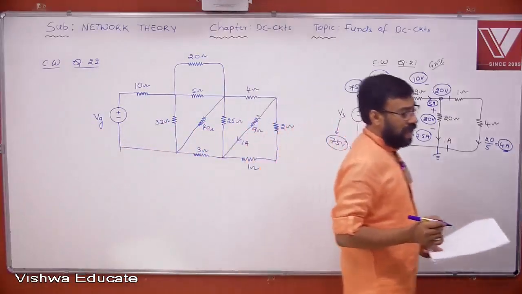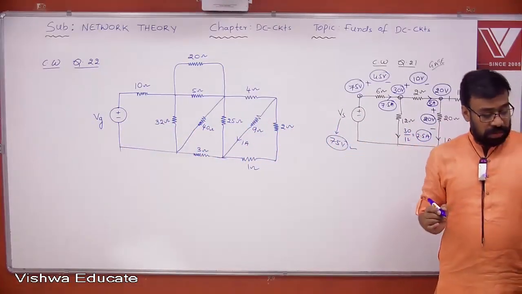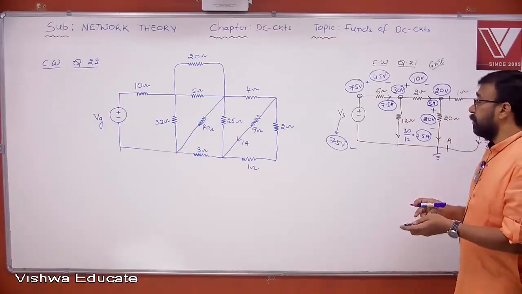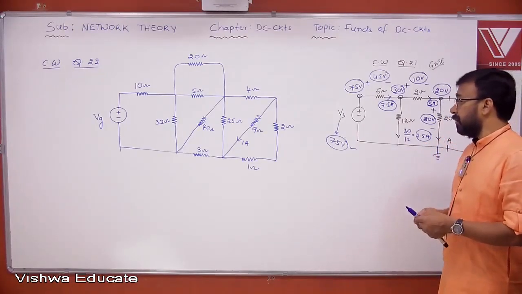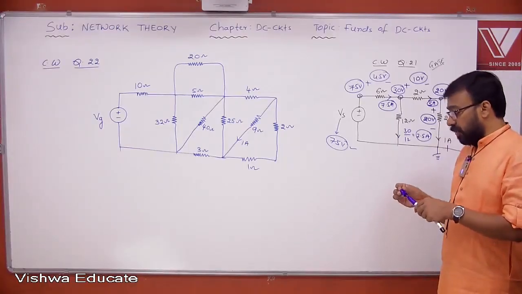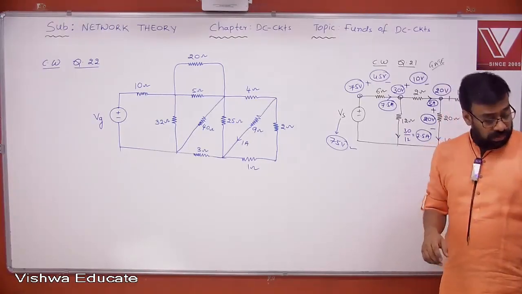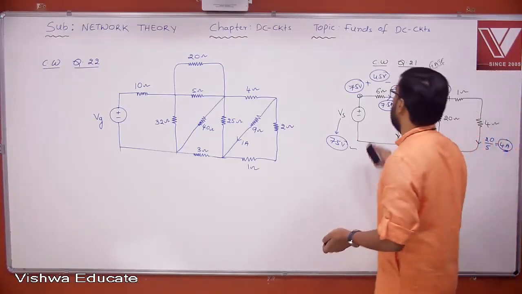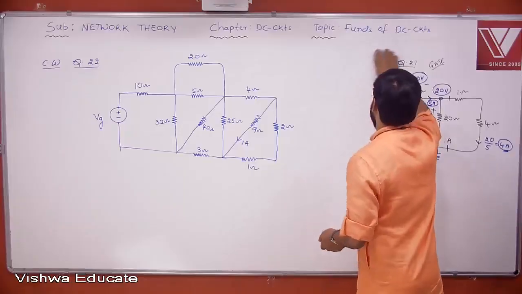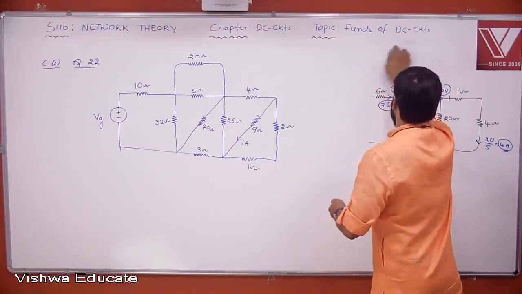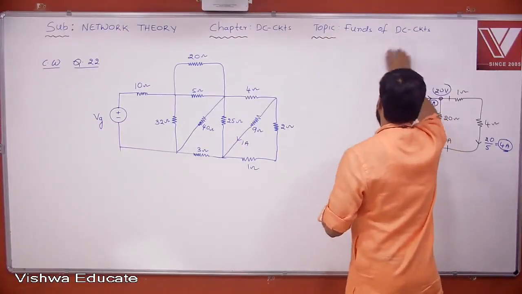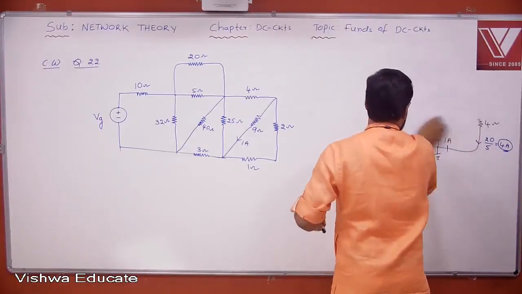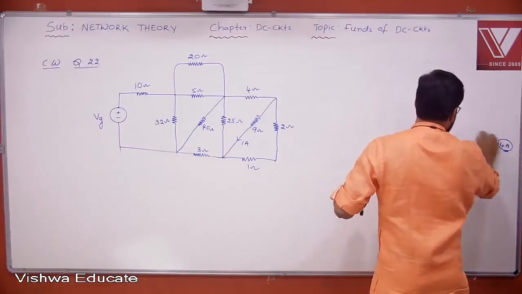If current through 9 ohm is 1 ampere, what is the source voltage Vg? That's the question, right? Okay.